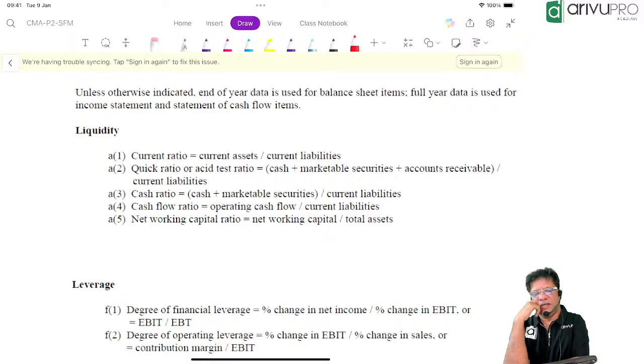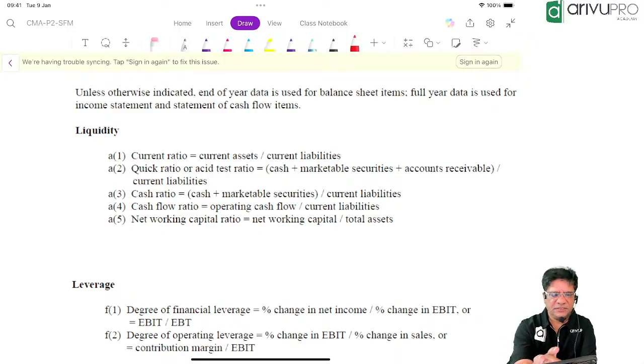Next, net working capital ratio equals net working capital, in bracket current assets minus current liabilities, close bracket, divided by total assets.